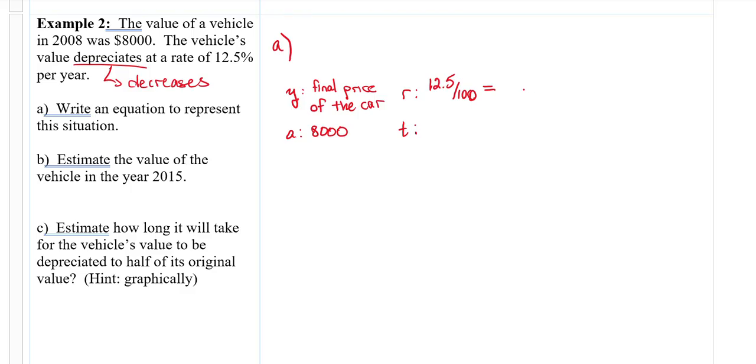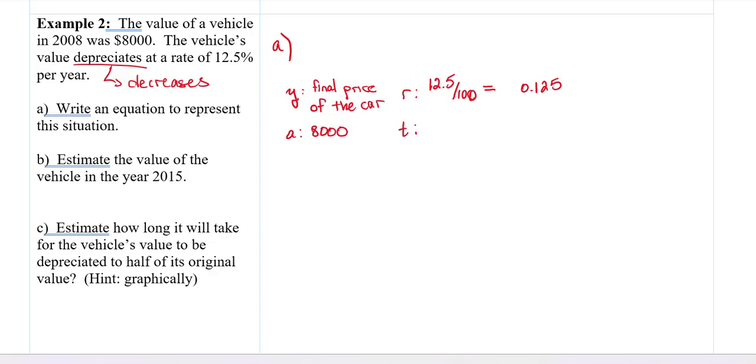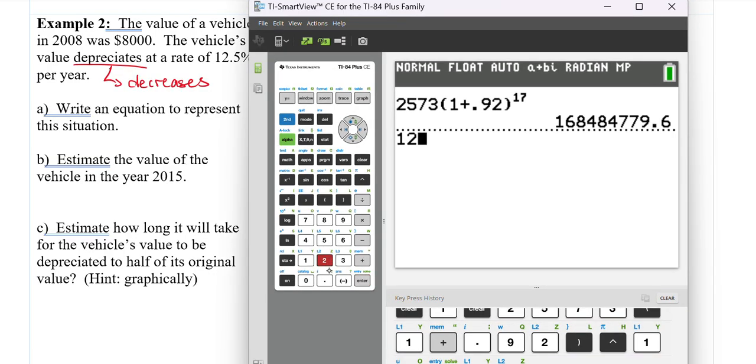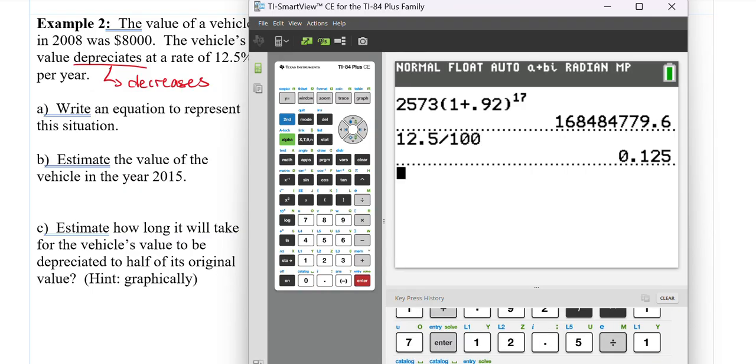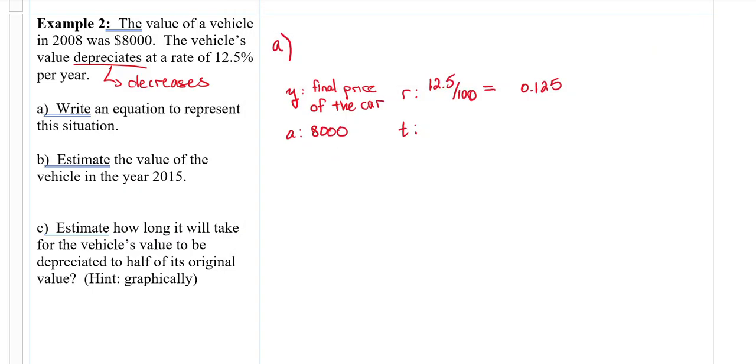And that's going to give me 0.125. You could use a calculator for this too. See, 0.125. Now, because we are depreciating, I have to use a negative for this percentage. We are depreciating at 12.5%.